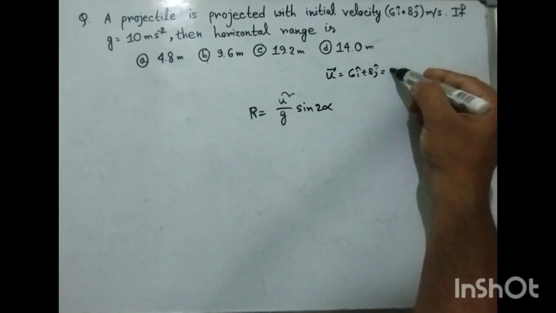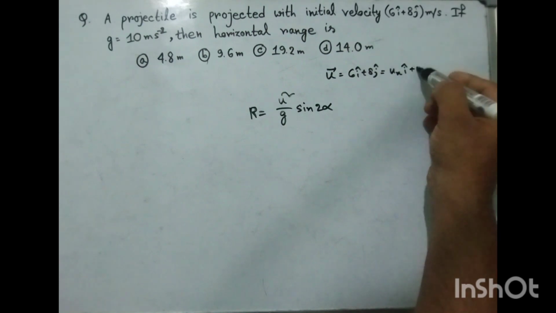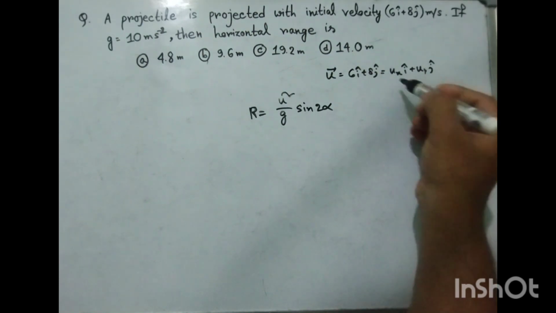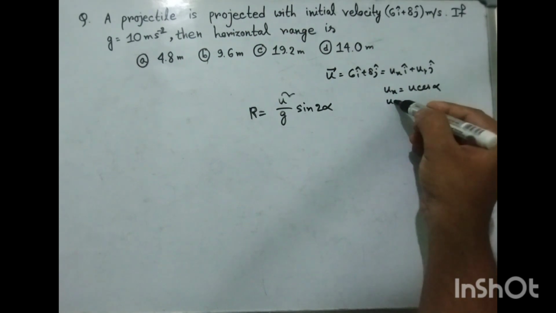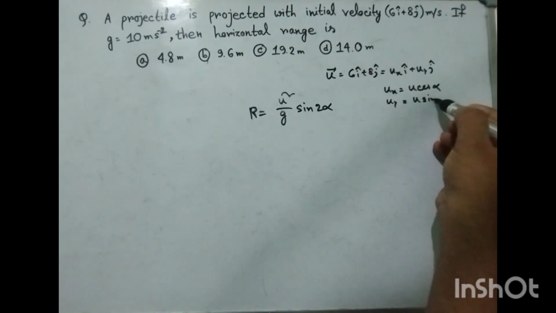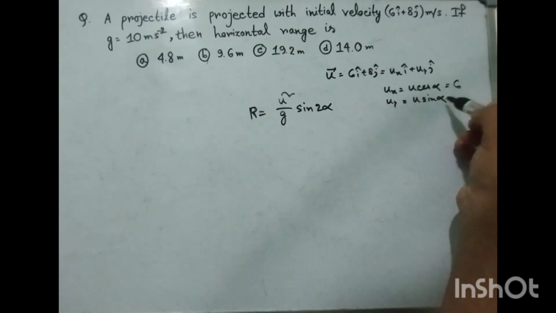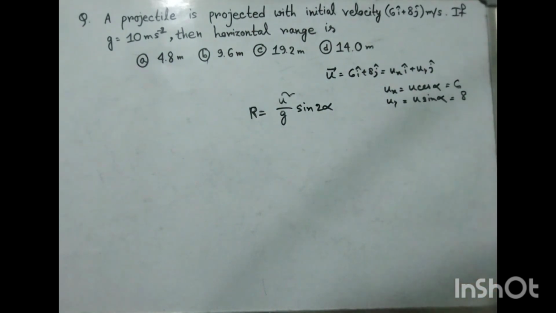We know it is ux i cap plus uy j cap, and ux means u cos alpha and uy means u sin alpha.